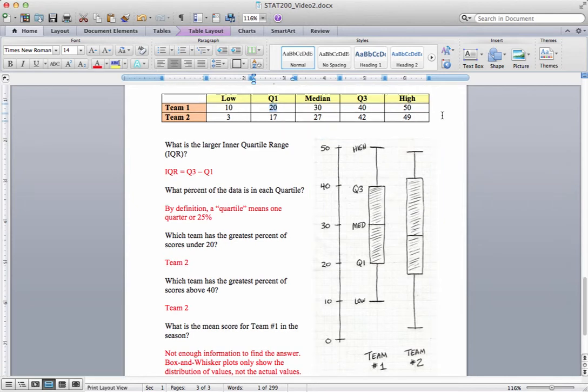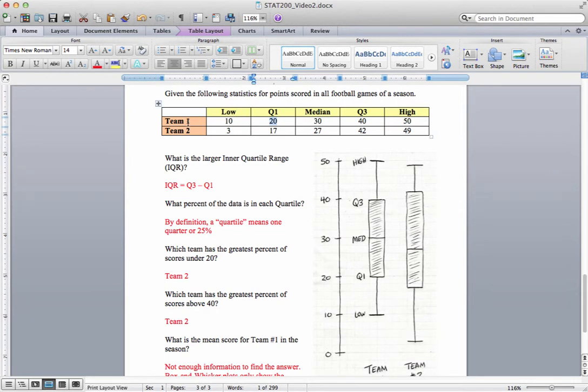What you don't know in the top figure, the table that's given, is how many scores there were in the season. All you know is the values of this range, but you don't know, were there 20 games played, 10 games, or 50 games? We don't know. But we know that 25% of the games are here, 25% here, and so forth.